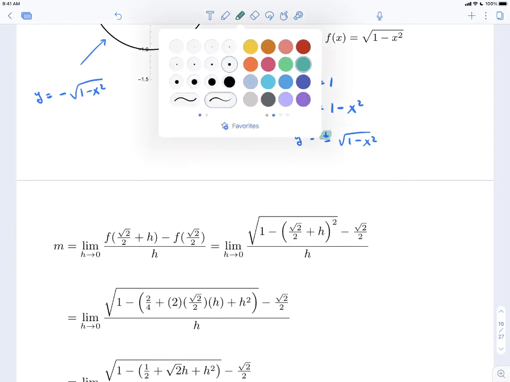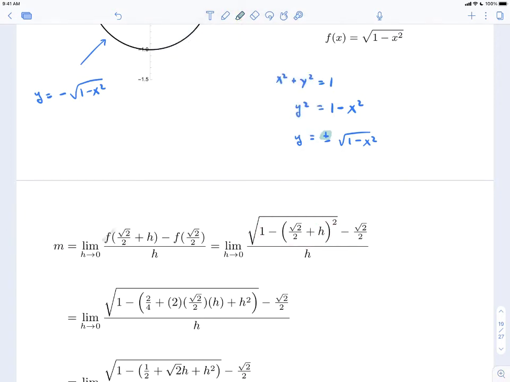So let's just highlight it. This goes to here. Or perhaps more specifically, what we want to highlight is just the input, which is right here. And that shows up right here. And altogether, it's going to be underneath that radical.